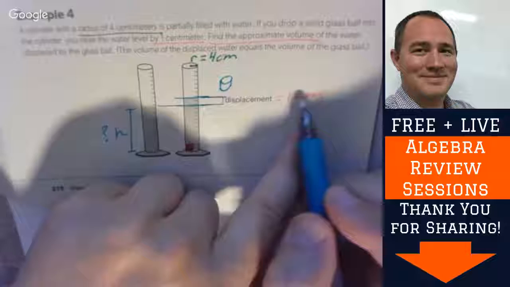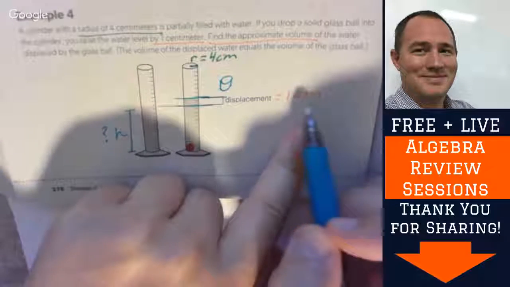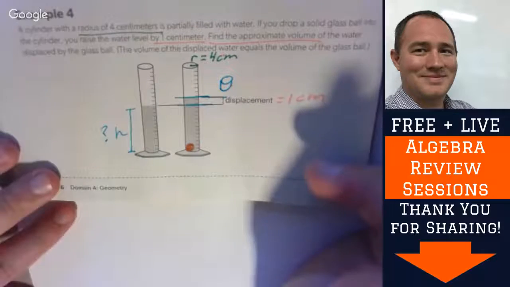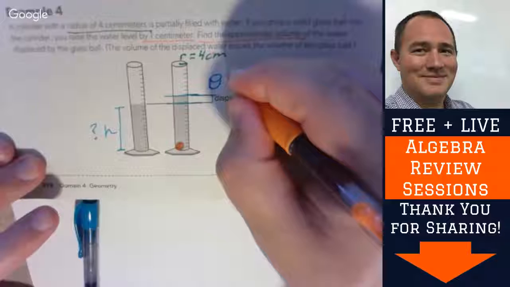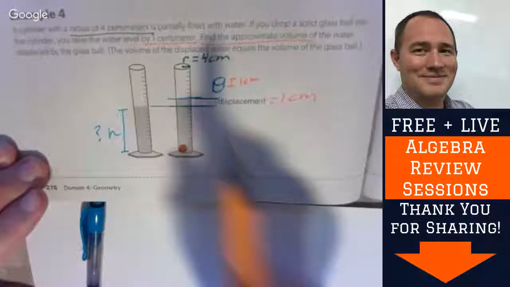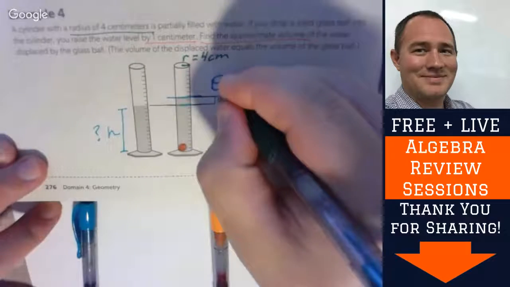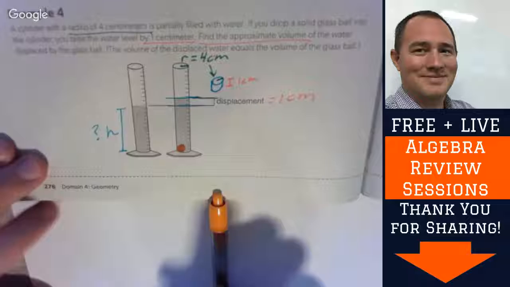And it did in fact tell us that displacement, that's essentially our h that we're going to be working with, right? With a radius of 4.